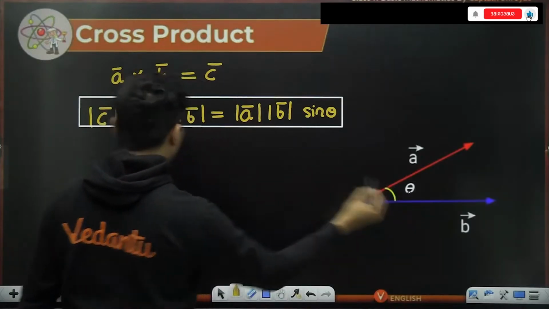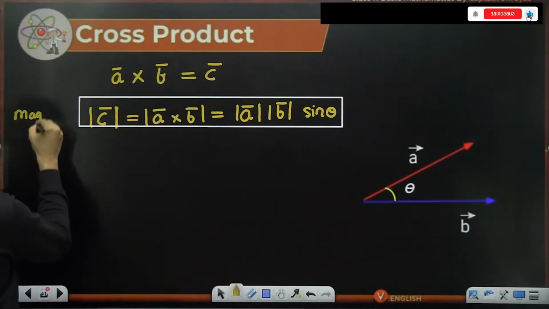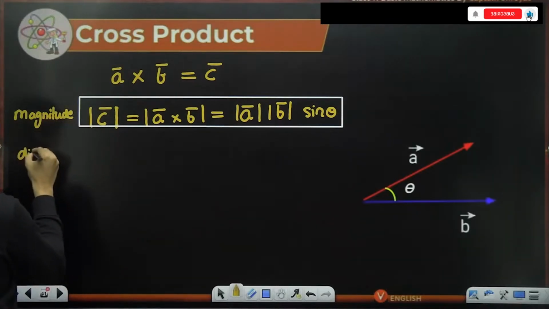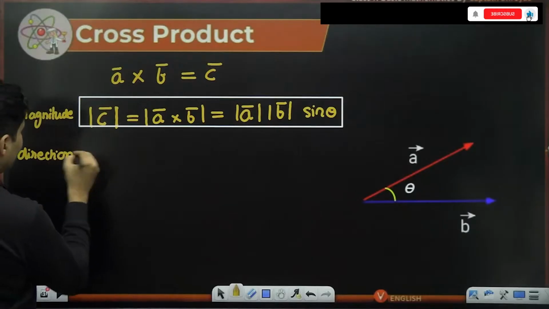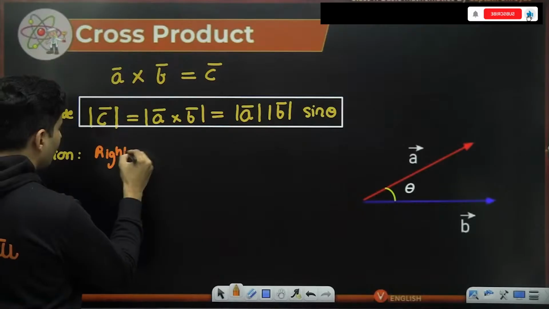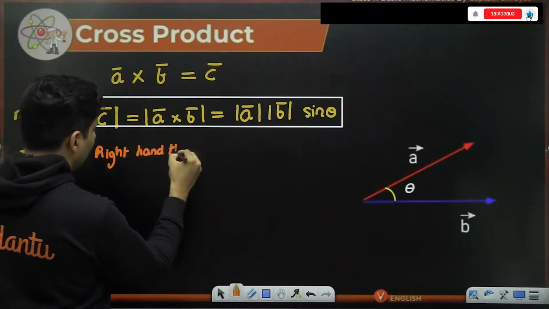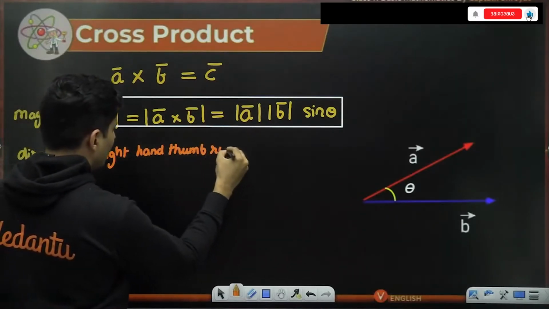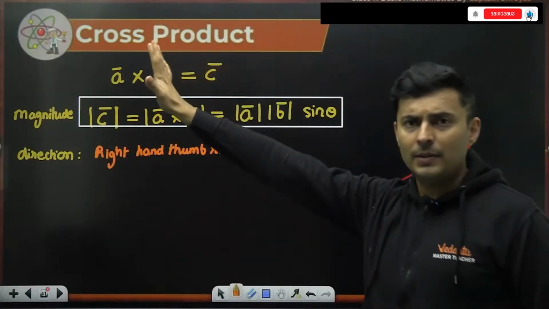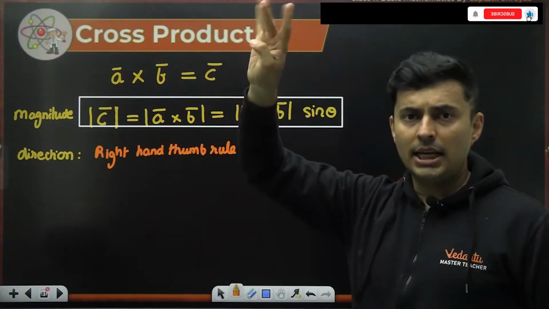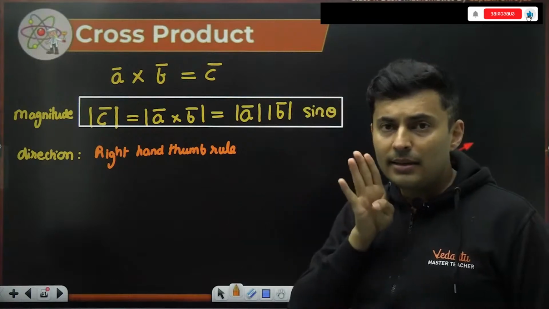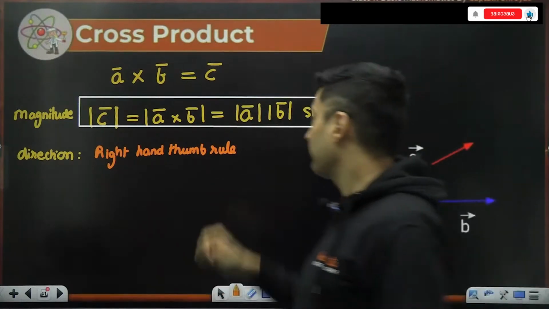The next thing is the direction. So this was magnitude. But what about the direction? Now, this direction is a very special thing. It is given by something called the right hand thumb rule. Take your right hand. Take the four fingers except the thumb, and let them point to the first vector.